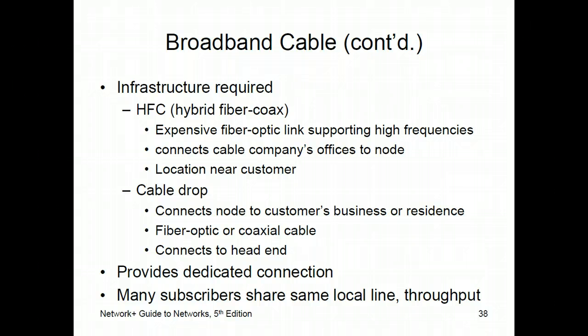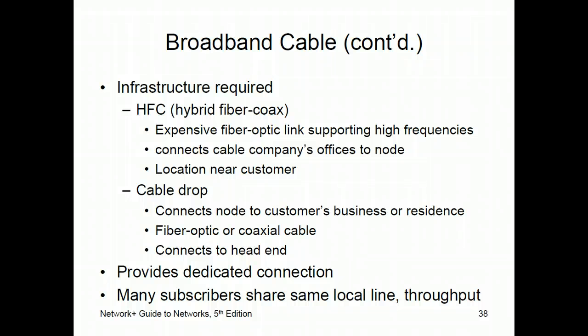It's generally locked. And the cable drop connects the node to the customer's business or residence through fiber optic or coaxial. It connects to the head end of the cable drop, meaning where it's actually coming into the wire, into the box, is where it connects.